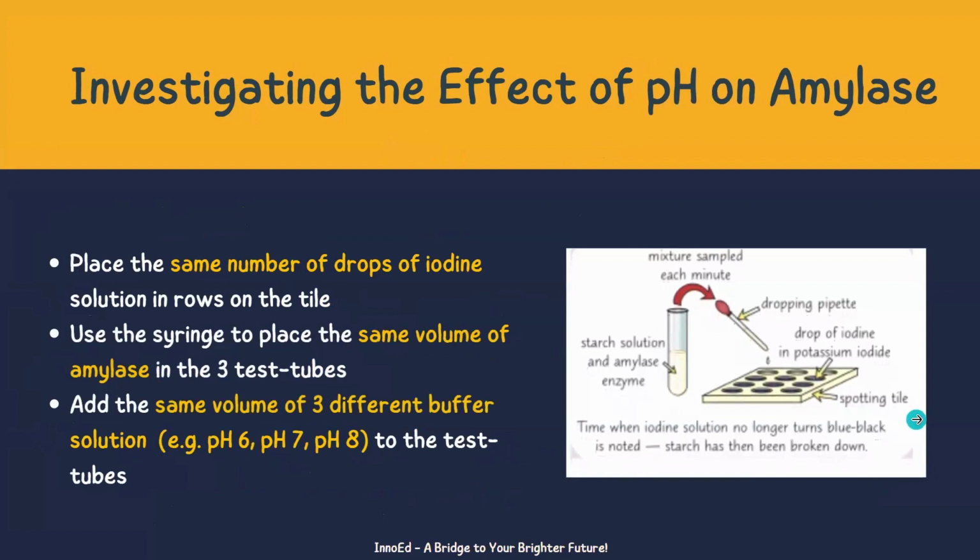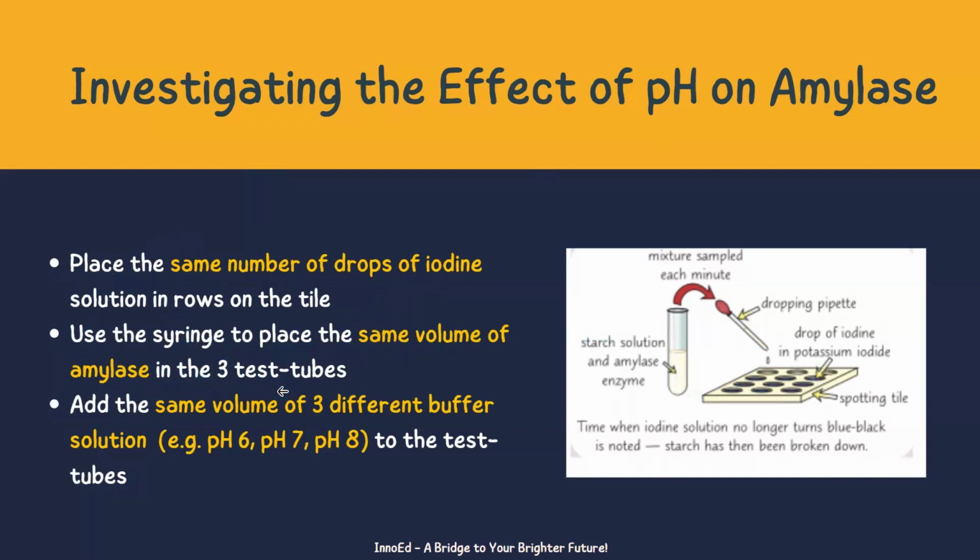Now let's look at the investigation of the effect of pH on amylase. It is quite similar to the one before. So let's read this. We have to place the same number of drops of iodine solution into the rows on the tile, which is the same spot tile. Use a syringe to place the same volume of amylase into 3 test tubes.